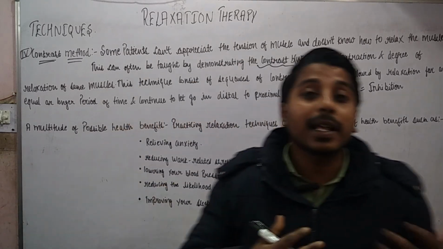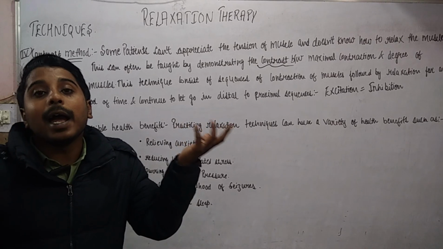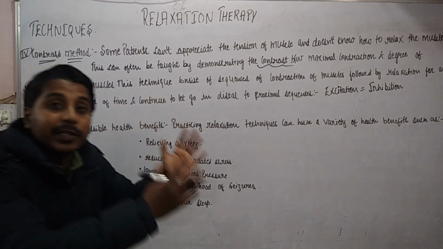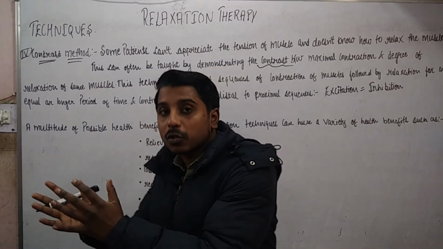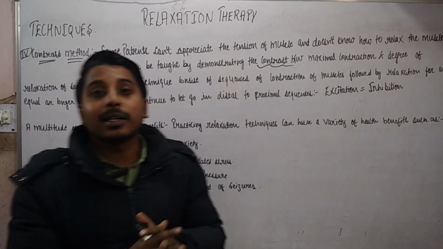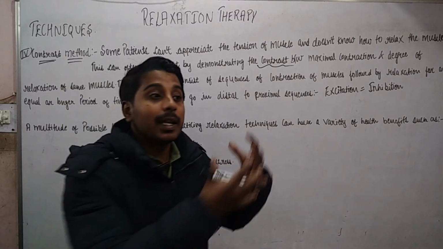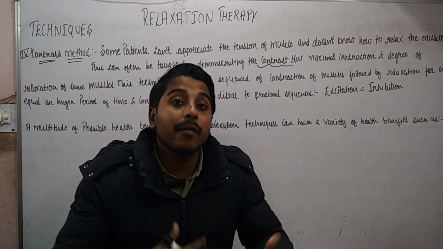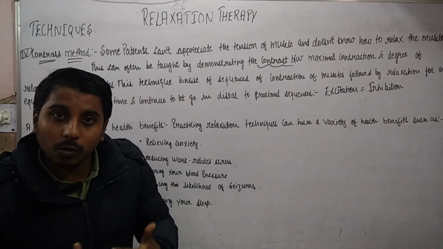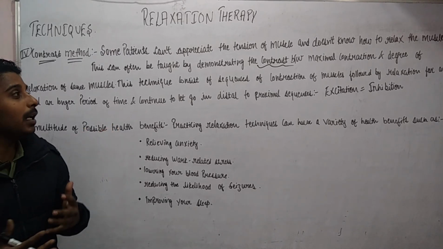So we will first contract that particular area and then relax, and the patient will understand that yes, that was contraction and that is relaxation. Once he understands the relaxation, he will understand that this is his particular level of relaxation. And whenever the body muscle tone is affected, the patient will say that now I am not feeling relaxed.